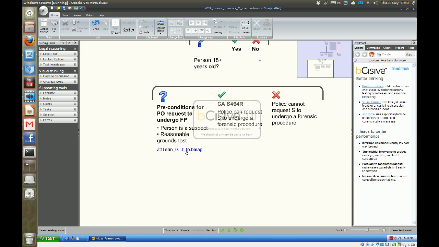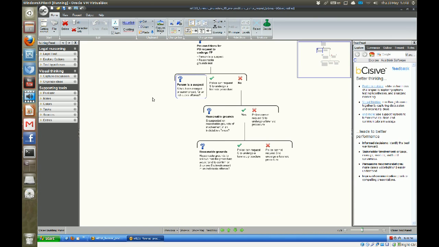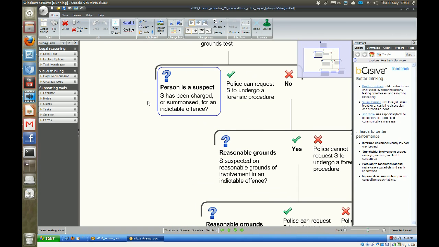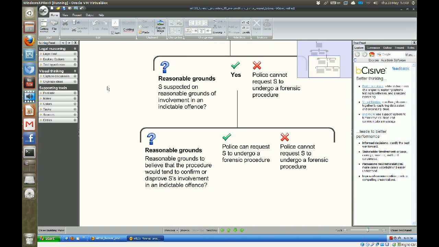And what do we mean by that? Well, if the person who has come into the police station is a suspect, it means that he has been charged or summoned for an indictable offence. And simply by virtue of that fact, the police can request him to undergo a forensic procedure. But if he hasn't been charged or summoned, then the police can make this request on reasonable grounds.